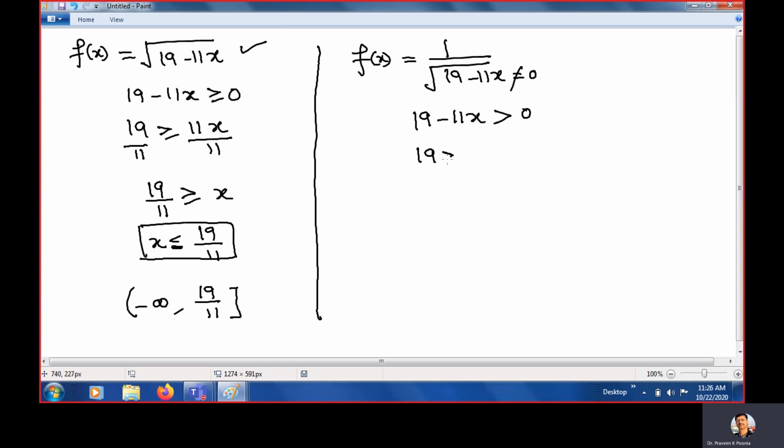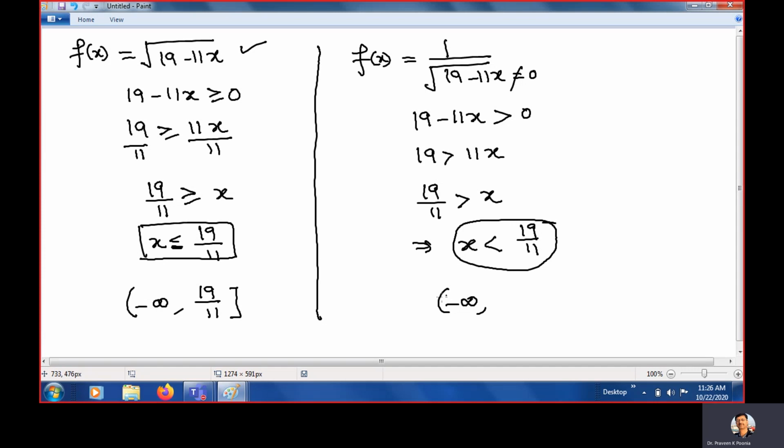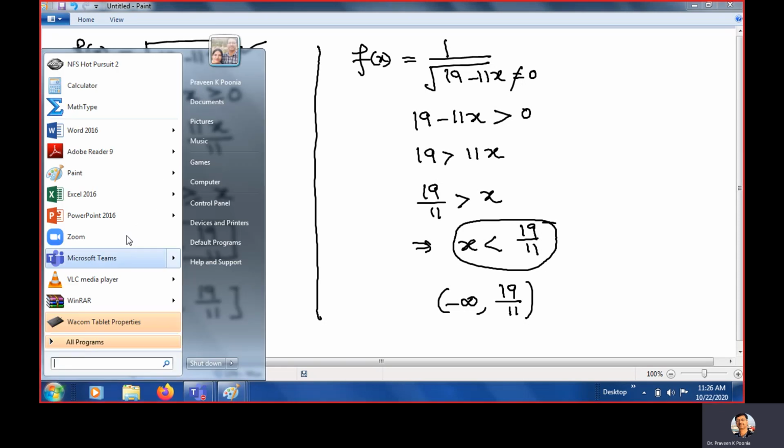That means 19 greater than 11x, and divide by 11. So 19 by 11 is greater than x. And this may be written in another way, x less than 19 upon 11. This is the domain. And in the form of an interval, what can we write? Minus infinity, an open interval, and 19 upon 11 also an open interval. Why? Because there is no equal sign here. You need to give attention to this.